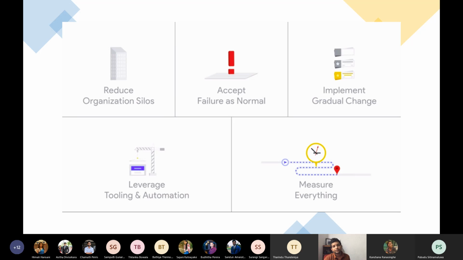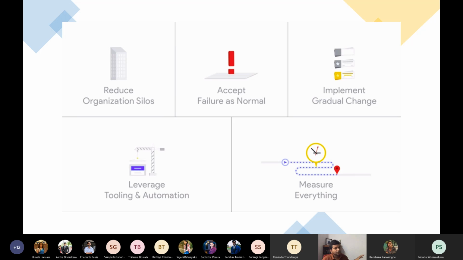When it comes to site reliability engineering, there are 5 pillars or 5 concepts that I would like to emphasize here. Any organization tries to reduce these problems that they see. For example, if we look at the first box here, this is about reducing the organizational silos. The silos that we talk about here: we have a separate unit called the project managers, and then another unit called the developers, another unit called the engineering managers, maybe another unit called the DevOps team.